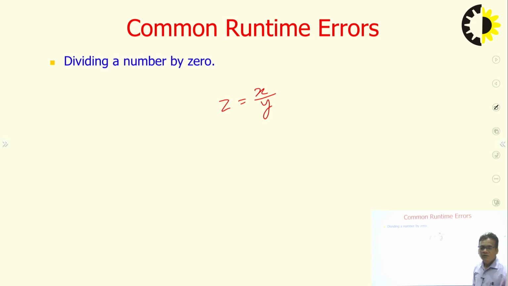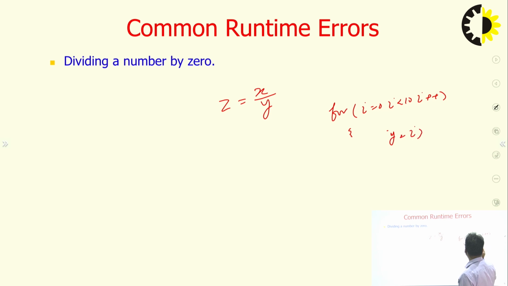You write a for loop with i equals 0, i less than 10, i plus plus, and you divide by y, where the value of y is assigned by i, and you write z equals x over y.